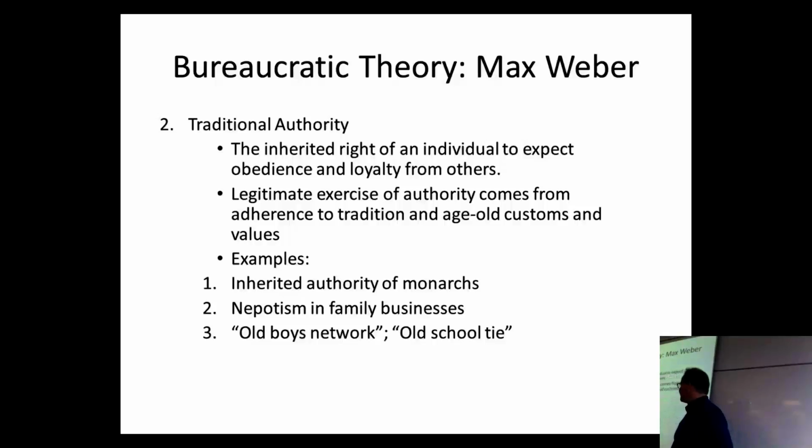Examples here are the inherited authority of monarchs and nepotism in family businesses. So this still exists. I think in the book they pick on Murdoch, but the most recent example is really Trump, right? If you don't know what I'm talking about, it's probably good that way.